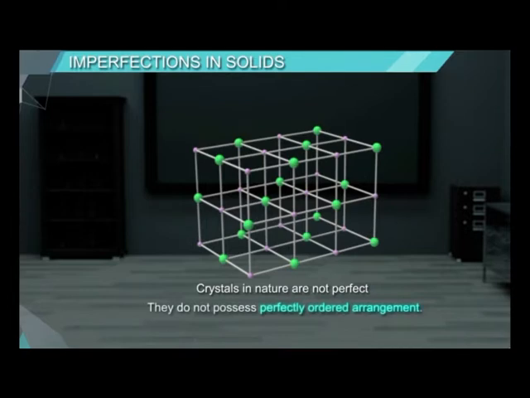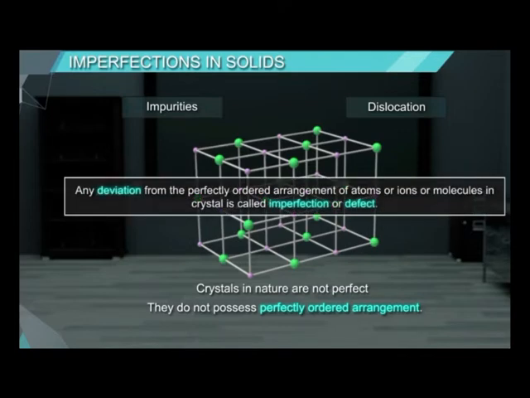This is due to the presence of a few impurities or due to dislocation of a few constituent particles from their normal positions. Any deviation from the perfectly ordered arrangement of atoms or ions or molecules in a crystal is called imperfection or defect.